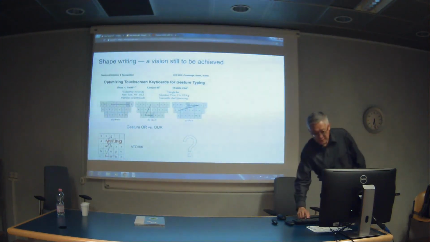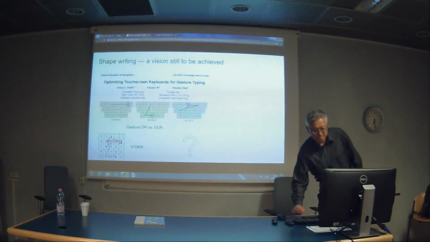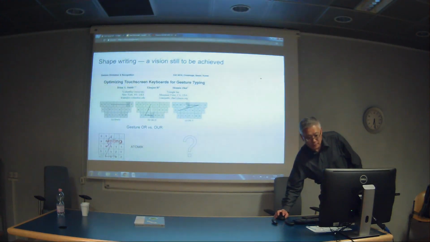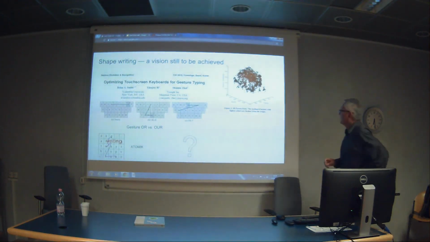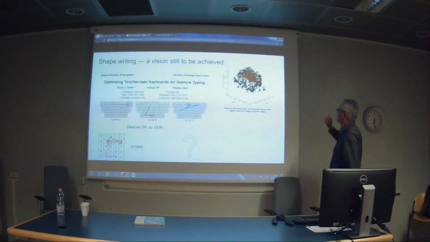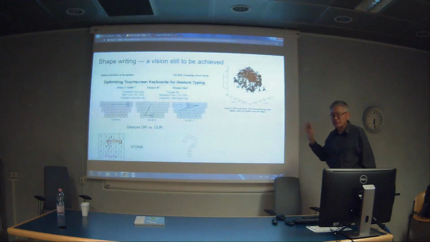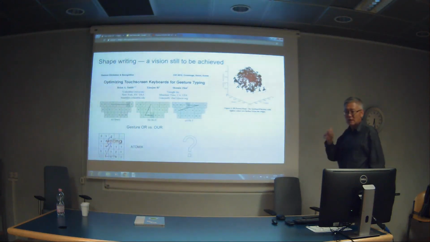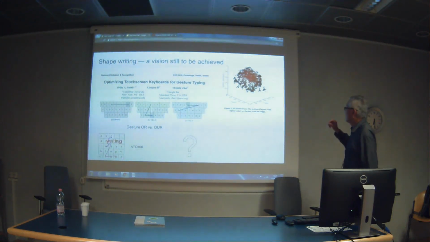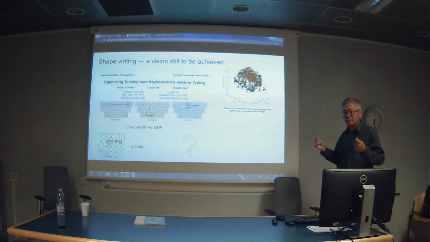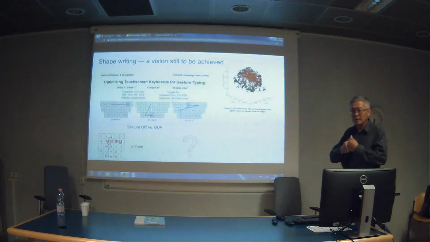These layouts all have different objectives. And here's a multiple objective optimization result. This dot cloud represents 3 objective functions separately. One is speed, how fast you can draw this gesture. One is clarity, that is the statistical chance for 2 words to collide.